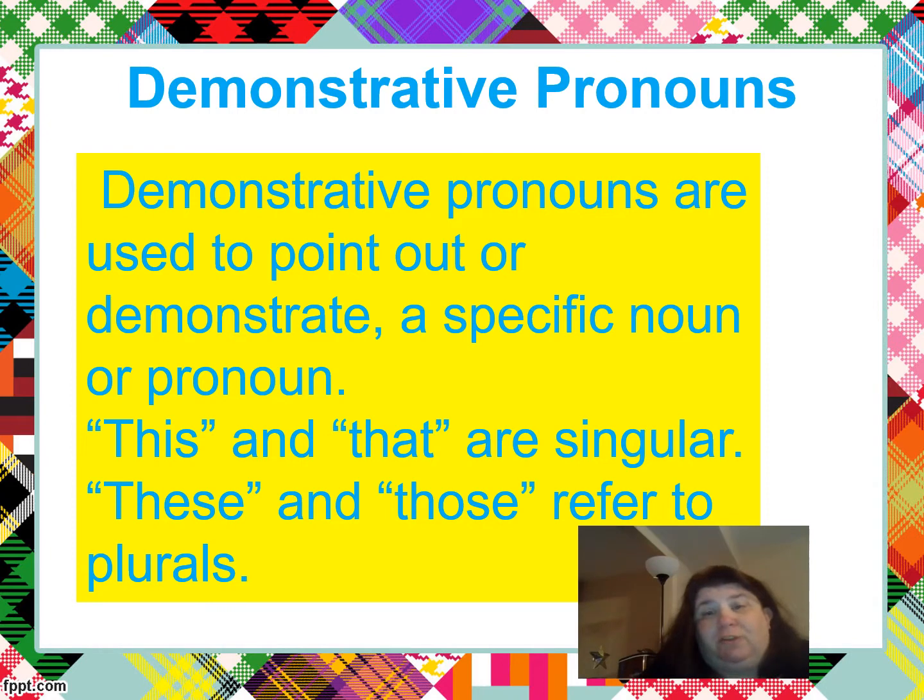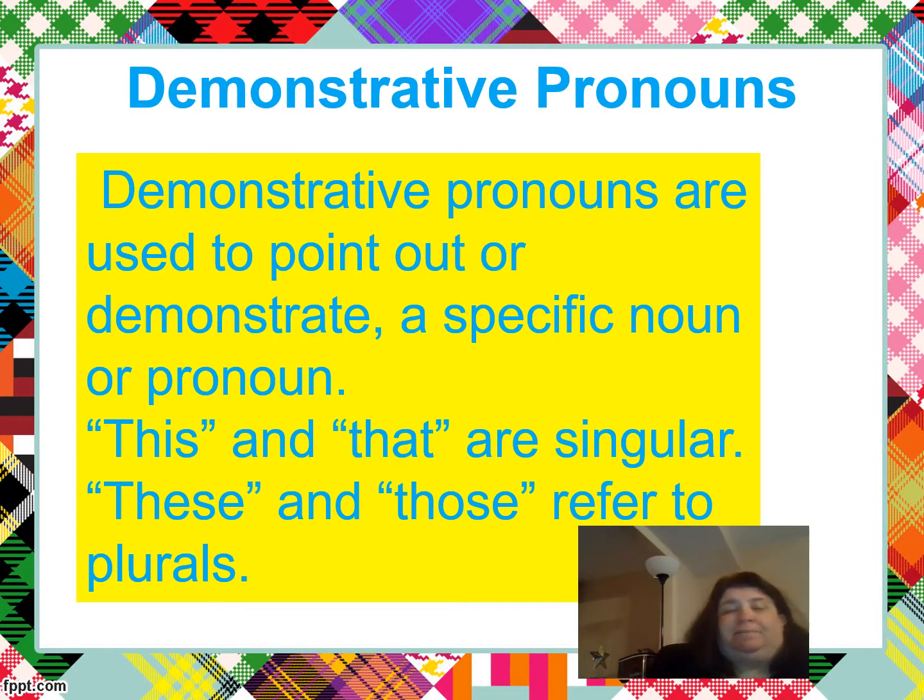Then we have demonstrative pronouns. It's just our fancy way of saying it. Demonstrative pronouns are used to point out or demonstrate a specific noun or pronoun, such as this and that, which are the singular forms, and then you have these and those, which are our plural.